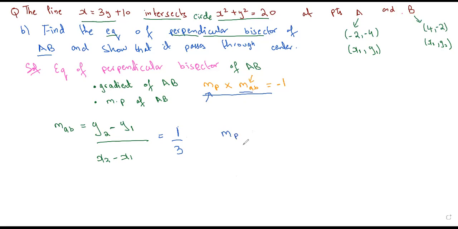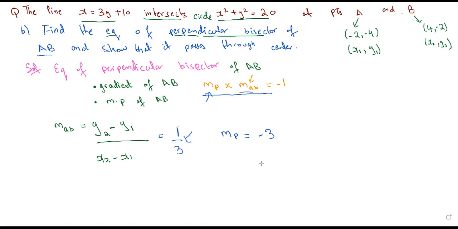Yes, Ishal, can you hear me? Please answer me if you can hear me or not. Okay, so the gradient of the perpendicular bisector would be -3. This is the negative reciprocal of this gradient. So it is -3.